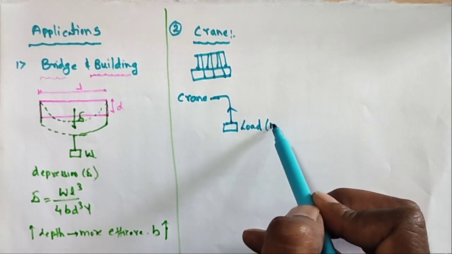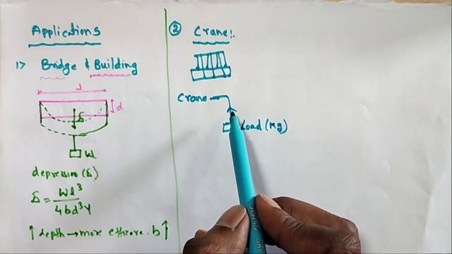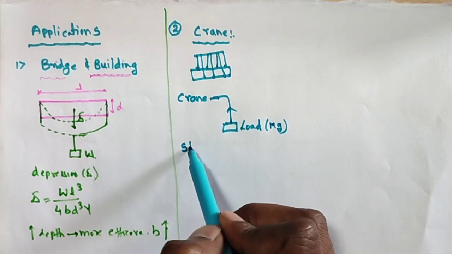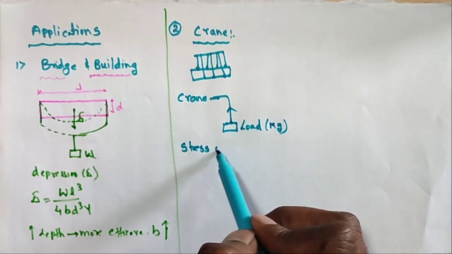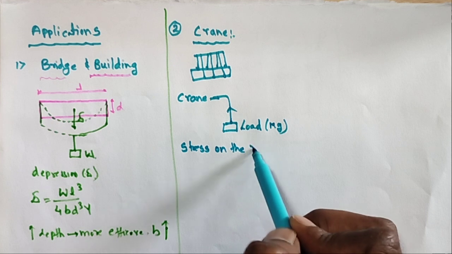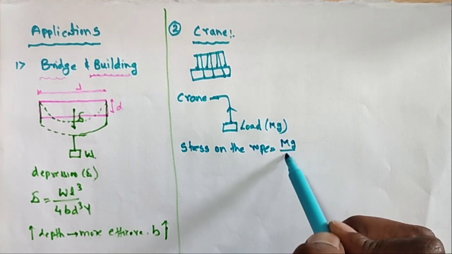What is the load? m g. How much stress is acting on this rope? The stress on the rope is equal to m g by A.